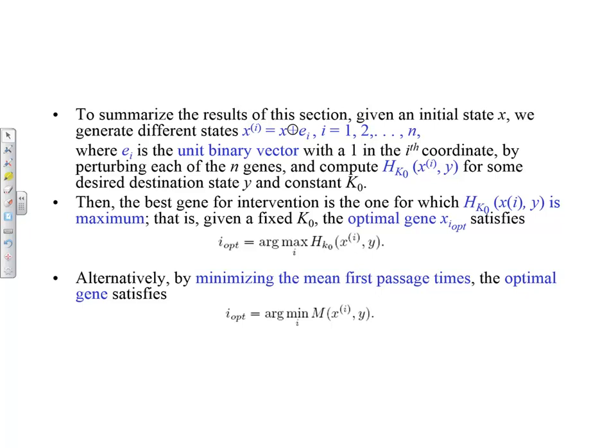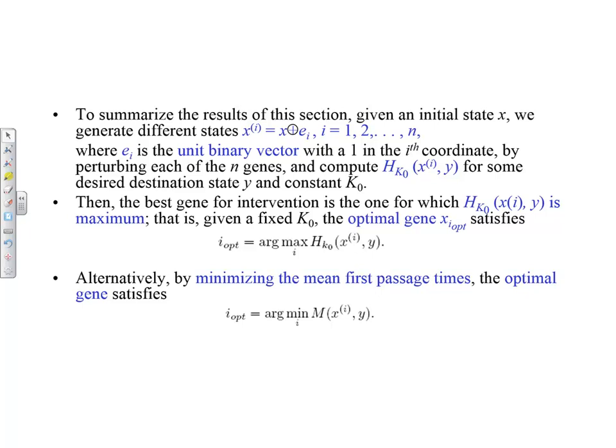Let's say 20 time steps or 100 or whatever you want. The best gene for intervention is the one for which this quantity is maximum. That is, given a fixed k0, the optimal gene x_i-opt satisfies this. Now, if you change k0, it's possible that in some example the optimal gene might change. I haven't worked it out, but from this example, it looks like it would probably stay the same.